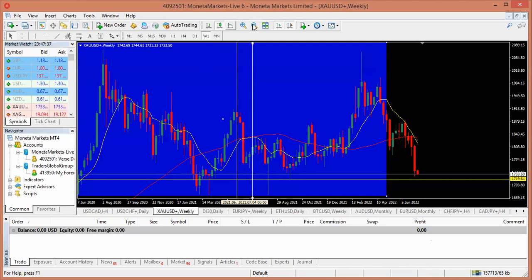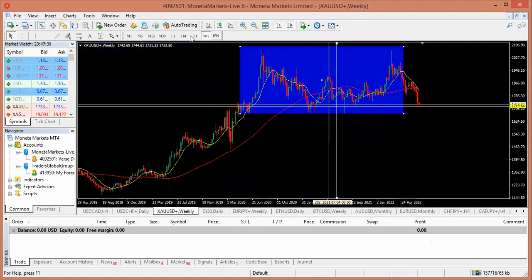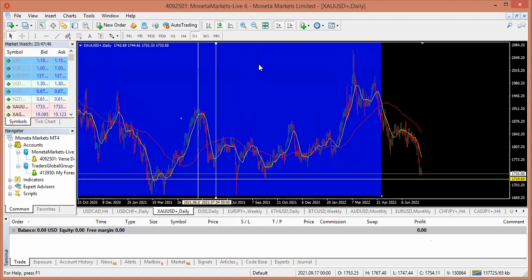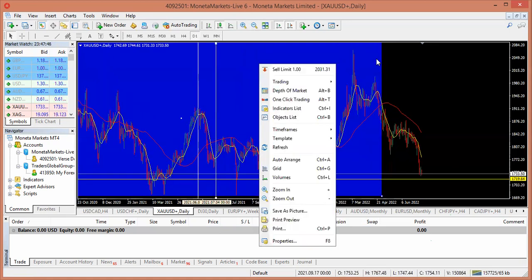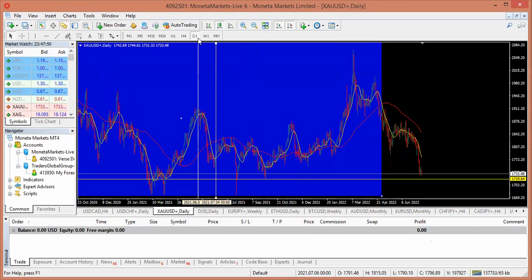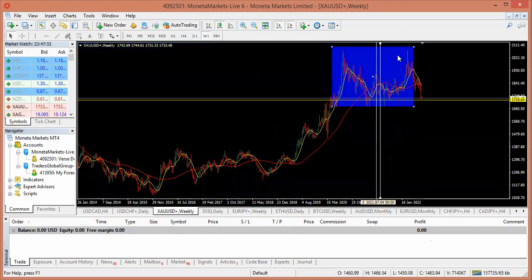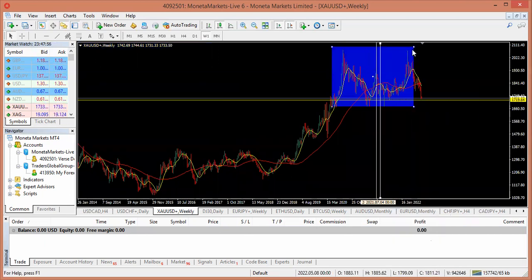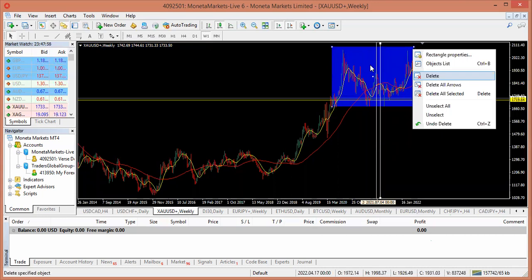Now, if I zoom out again and switch to daily time frame, let me zoom out here. I think I'll need to remove this horizontal shape so that you get to see it. Good.